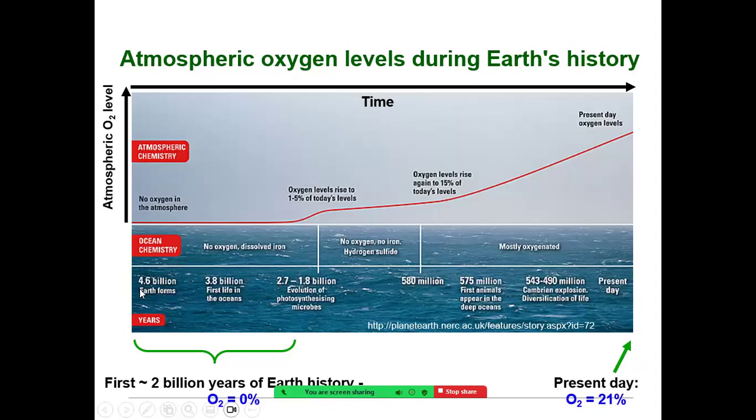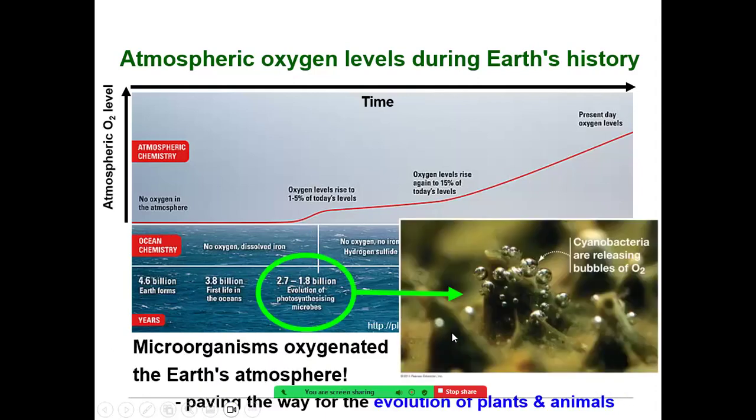I think that's 4.6 billion years ago. So 2.7 billion years ago. Before that, there was no oxygen in the Earth's atmosphere. What happened here is we had microbes evolve, cyanobacteria, that made oxygen as a waste product, and the oxygen was released into the atmosphere, bringing the atmosphere up to about 5%.